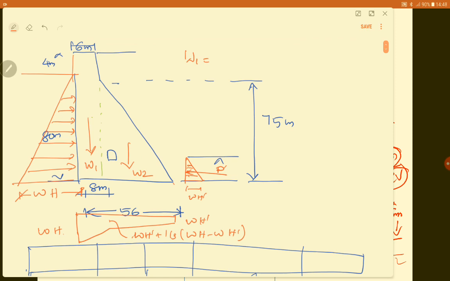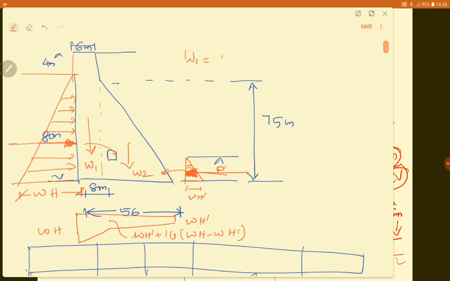Okay. So you have two types of moments, stabilizing and destabilizing. This P value here will be a destabilizing moment. It will be trying to overturn the structure. But this tail water pressure P will be a stabilizing moment, isn't it? Because it will be trying to keep it back to the original position. So this is causing an overturning and this is not causing the overturning. It's a resisting moment. So here you have W1. W1 is actually a stabilizing moment.